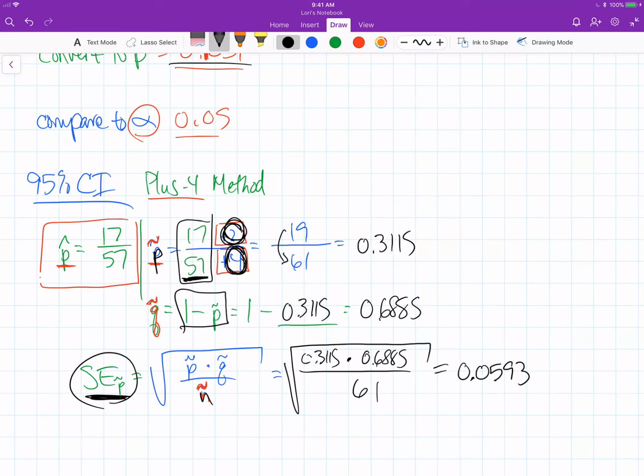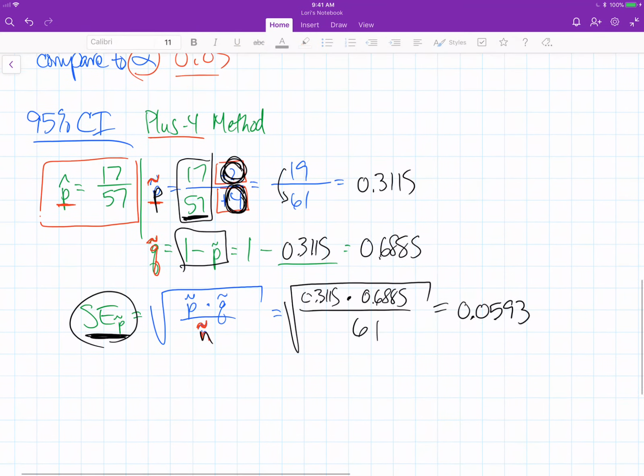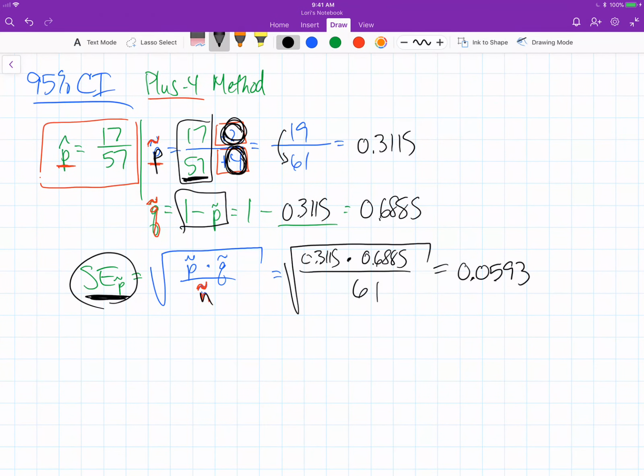And you remember about calculating confidence intervals. Basically, in order to calculate this 95% confidence interval, let's draw a new curve down here with a middle point of 0.3115.